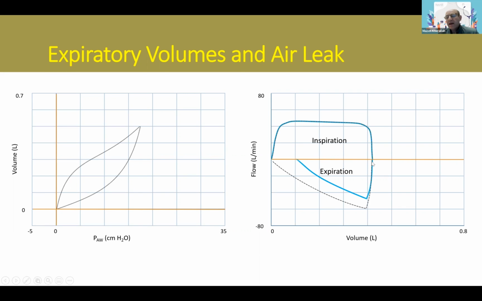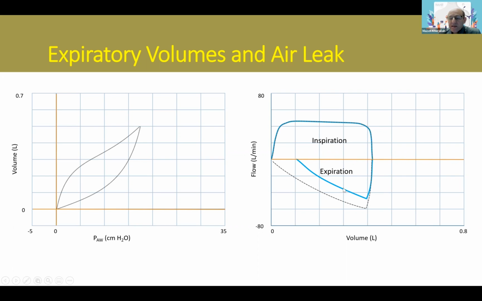If you have a leak, the inspiration would be the same. You can see the flow is similar to the breath before the leak happened. In expiration, we said the peak expiratory flow would be lower. And you can see here how the peak expiratory flow is lower than the previous breath.